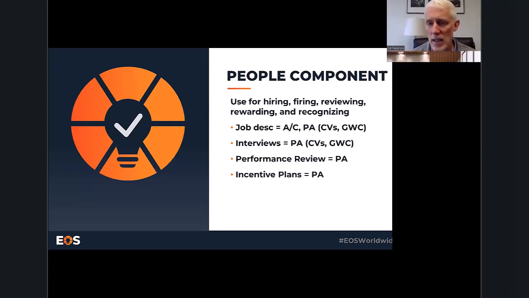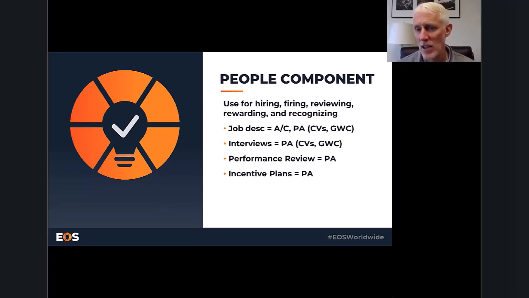And then finally, from an incentive plan. I've actually had clients who tie their performance incentive, annual or quarterly performance, to a people analyzer review and the percent and the number of pluses they get with regard to core values. Now, again, those core values are what's driving that culture.